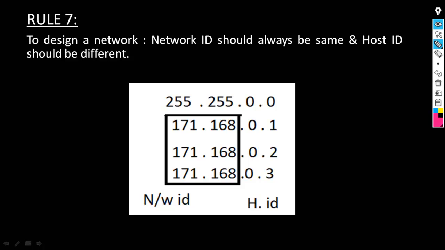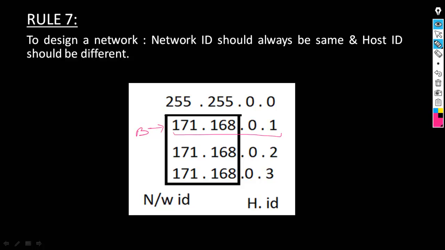Let's say, for example, I am giving this IP address to the machine, that is 171.168.0.1. This IP address belongs to class B. So the default subnet mask of class B is 255.255.0.0. The next IP which I will be giving to the next machine will be 171.168.0.2.